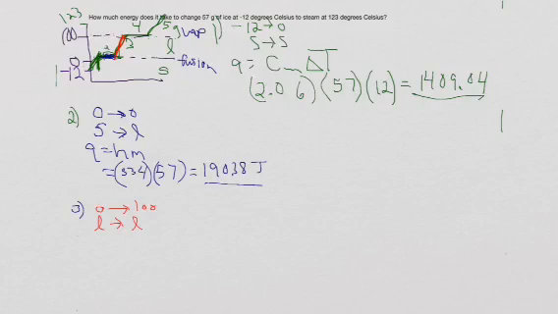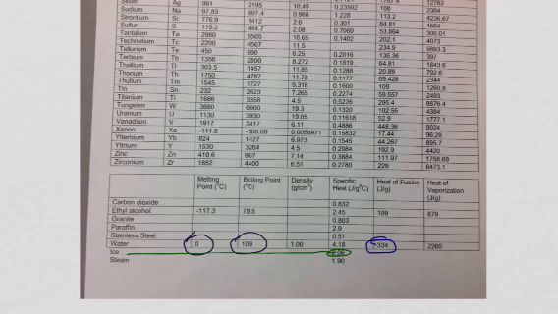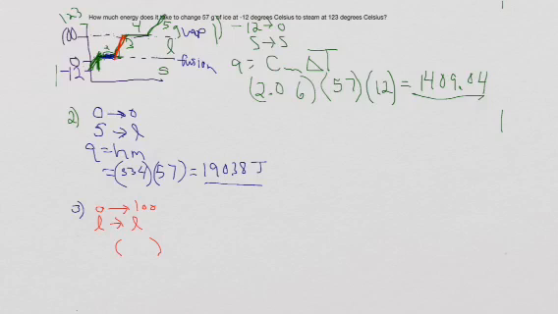So since the temperature is changing, we're going to do Cm delta T. So we need the specific heat of water as a liquid, so it would be 4.18. So we put 4.18 times that same mass, 57, and the temperature changed just for line segment 3, so 100. And that one comes out to 23,826 when you multiply it.